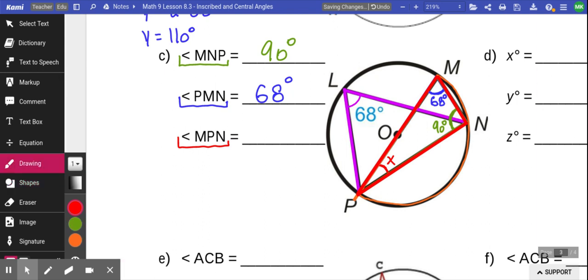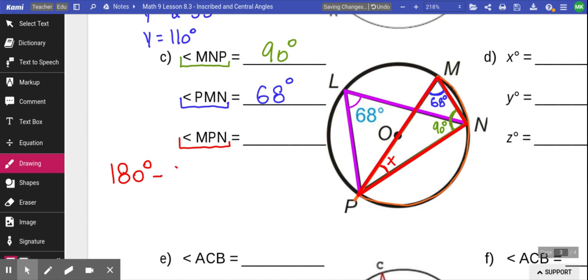And I know that all angles in a triangle must equal 180 degrees. So if I know two angles, I always know the third because I can go 180 and subtract the other two. So I can subtract 90 degrees, and I can subtract 68 degrees. I can put that on my calculator, and that will tell me what angle X is. If you do that, you should end up getting that 22 degrees equals X. Awesome.